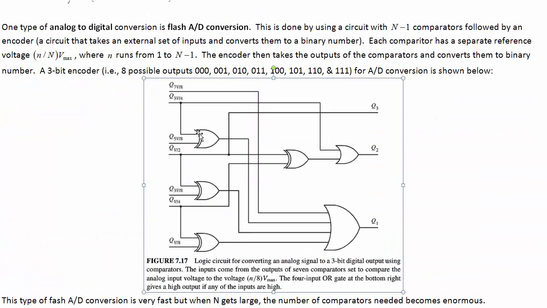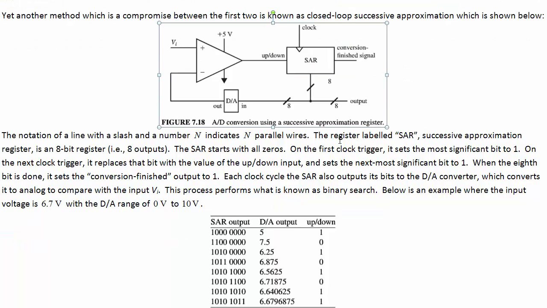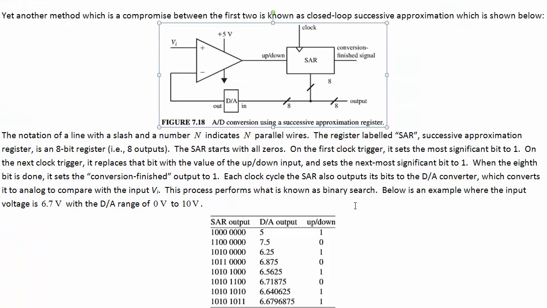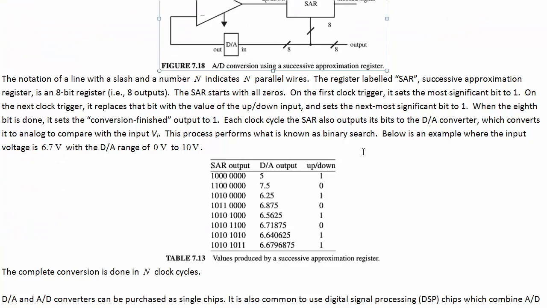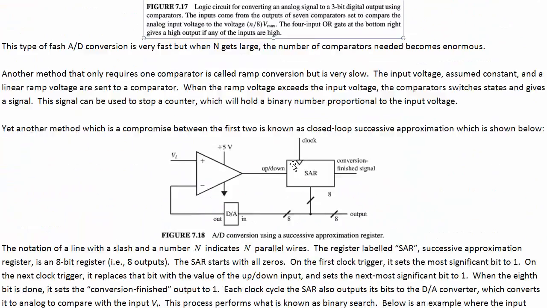This one takes up a lot more space, especially as n gets large, whereas this one doesn't take up any more space. It would need a slightly bigger successive approximation register, true, but the main problem with this one is time. It takes up another clock cycle per every digit, and if the input is changing quickly, then this is not going to do. You're going to need something more like the flash A2D conversion.